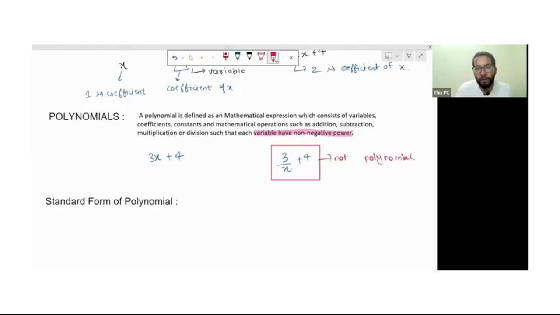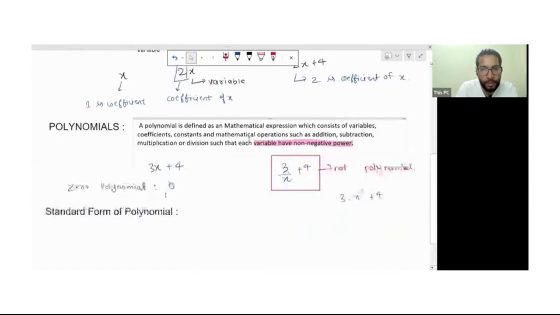Because the power of x is -1, there we can write this one as 3 multiplied by x to power -1 plus 4, and I have highlighted there each variable should have non-negative power. Okay, and we can also write 0 polynomial. We can write 0 polynomial simply as 0. 0 is also polynomial. So all these things are clear.